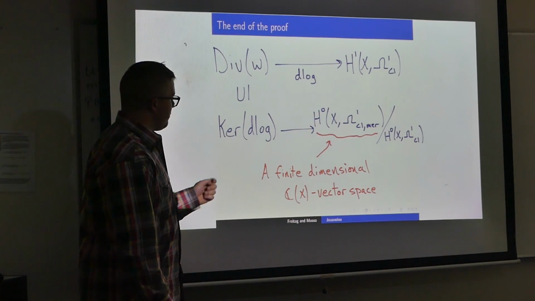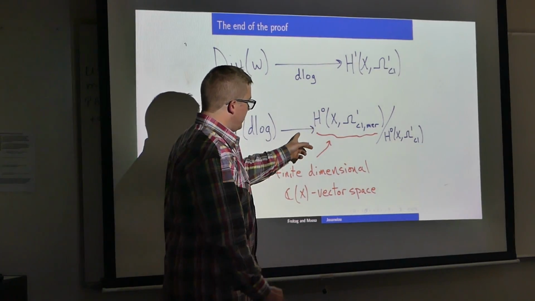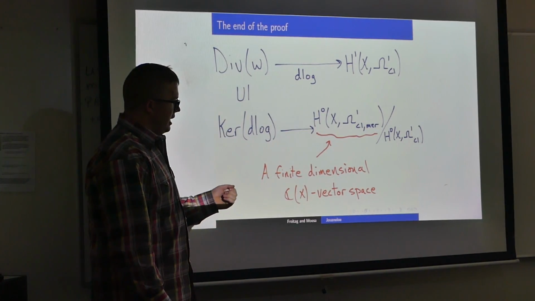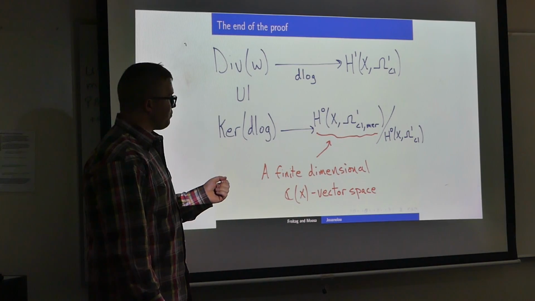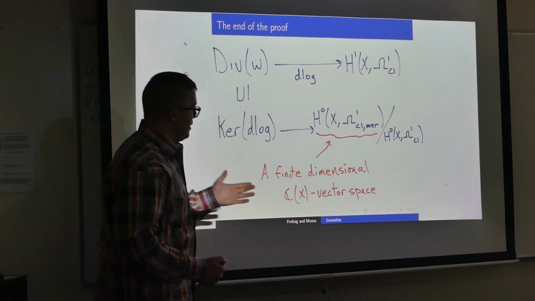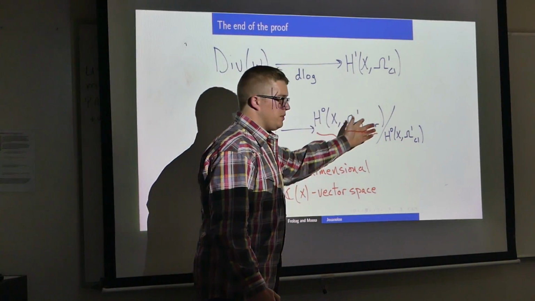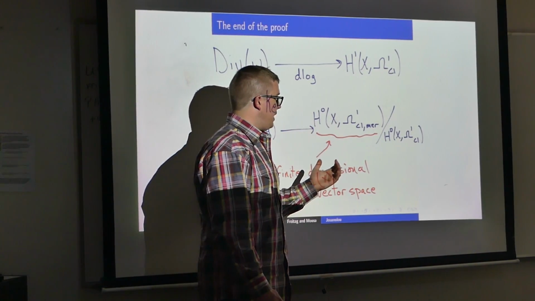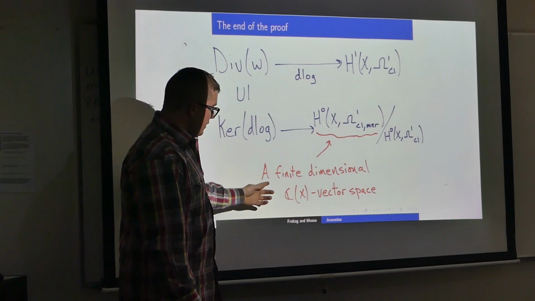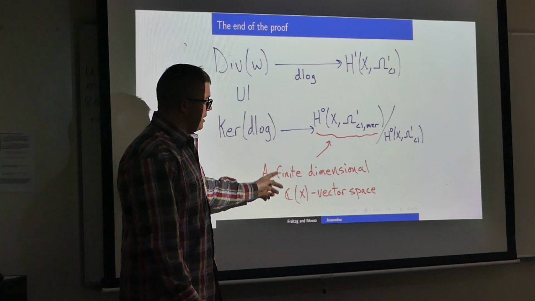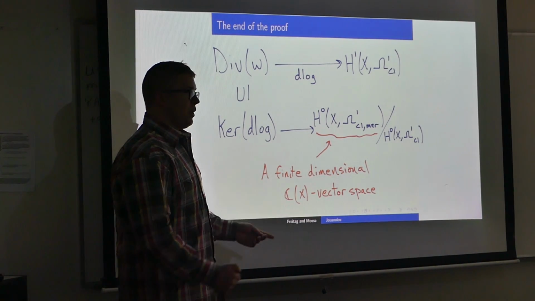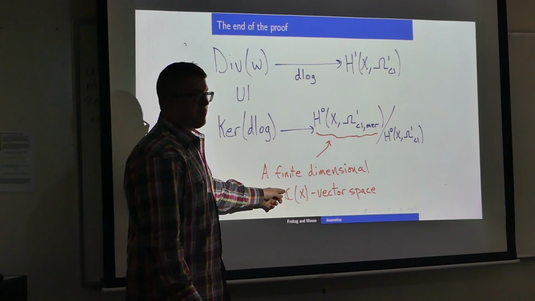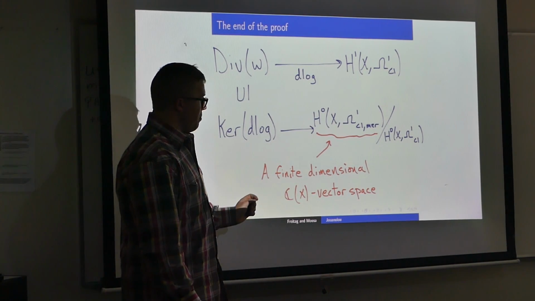Sorry, I didn't label it, but this is the map C. If the image is infinite dimensional in that C vector space, then since this is a finite dimensional C(X) vector space, we'll have a non-trivial linear dependence over C(X).